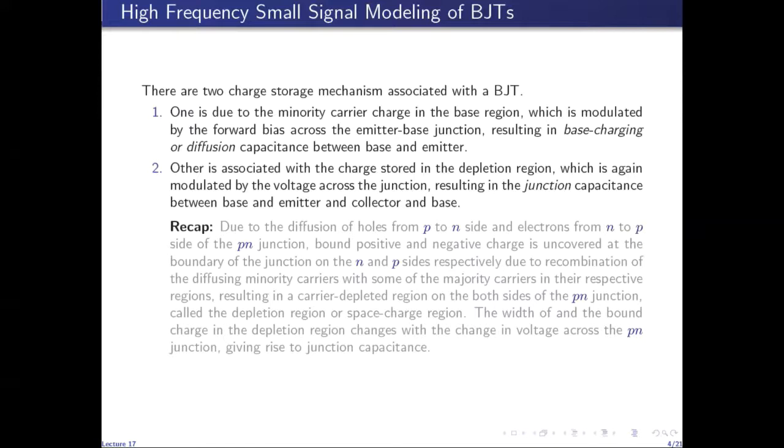Changing the voltage will change the charge stored in the depletion region. So this gives rise to what is called the junction capacitance. There will be two junction capacitive effects in a BJT: one due to the charge stored in the depletion region around the emitter-base junction, and the other due to the charge stored in the depletion region around the collector-base junction.